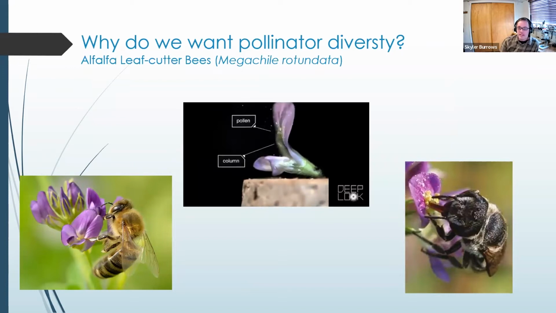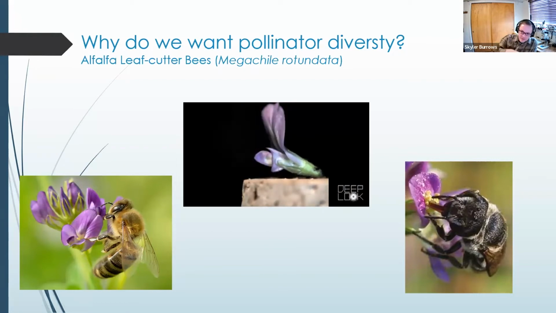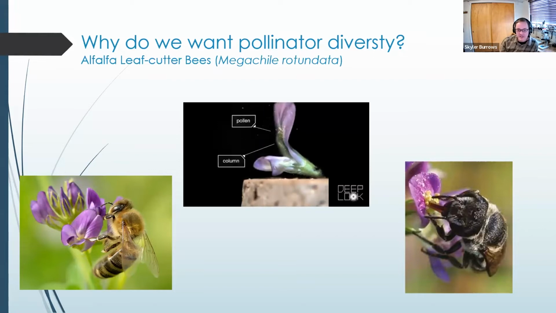So we use Megachile rotundata, the alfalfa leafcutter bee, to pollinate that a lot. And it's because if you look here, when they reach in for the pollen of the flower, it has a triggering mechanism. It flings the column up, and the honeybees hate that. So they find whatever way they can to not get hit in the face by this column, where a lot of our native bees and this Megachile rotundata, which is also an introduced species for pollination, don't seem to mind getting hit at all for some reason.